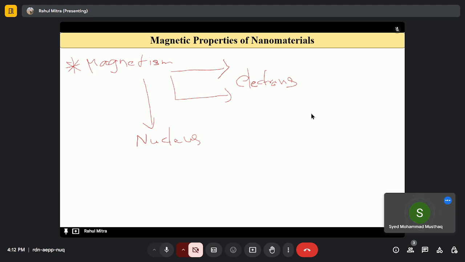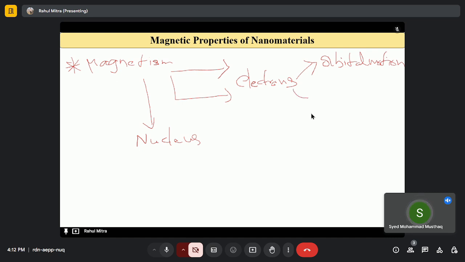So again, what are the two parts from electrons? One is from the orbital motion of electrons, or the orbital movement of electrons in an orbital.